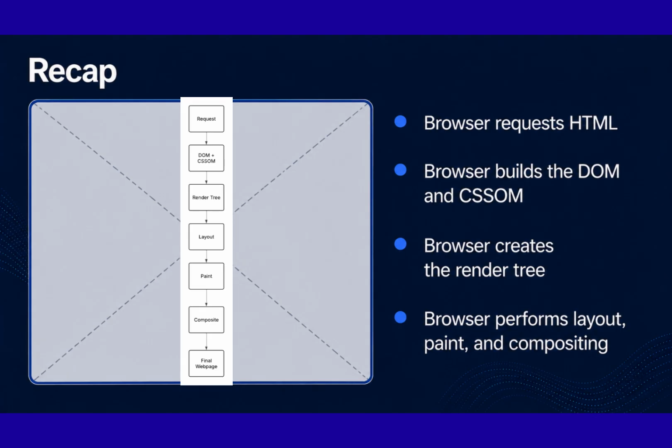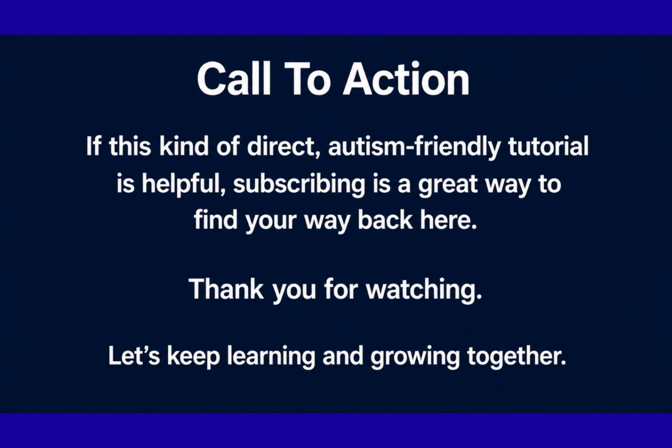This entire process happens incredibly quickly, often in fractions of a second. But understanding it deeply makes debugging and optimization much easier. Now when a web page loads, or loads slowly, you have a much stronger understanding of what the browser is actually doing behind the scenes. And that's a huge step towards becoming a stronger developer.